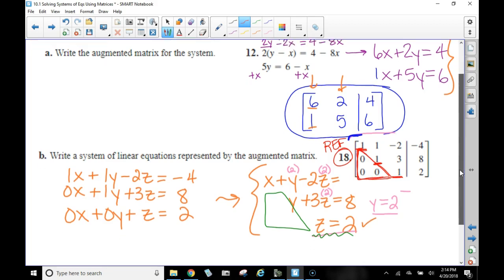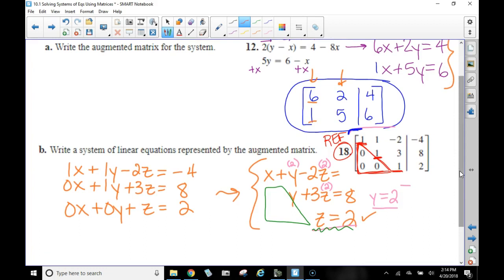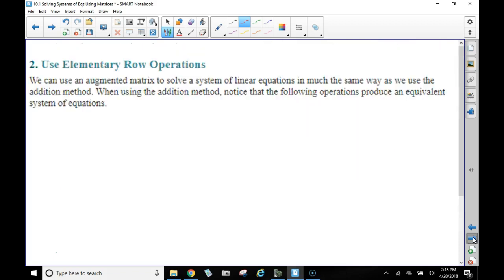Okay, we get pretty fired up about that because once we have it in that form, we can say z would be 2, and then use some back substitution like we did here to get the other values. What is x? What is y? We know z is 2. Okay, so that's going to be our objective.